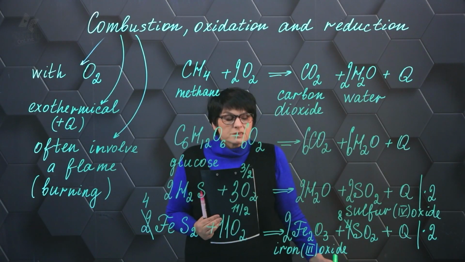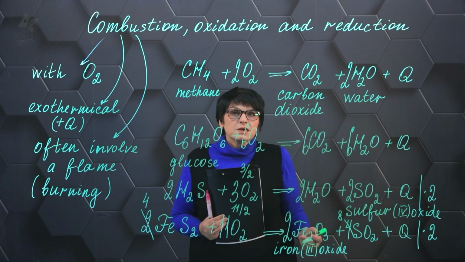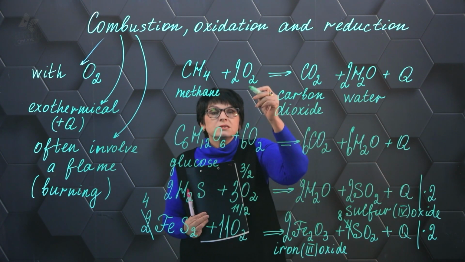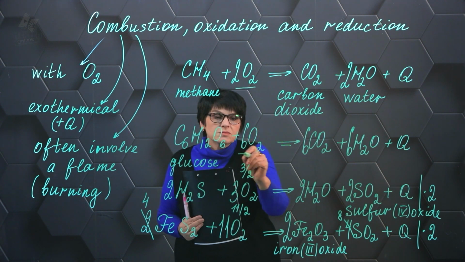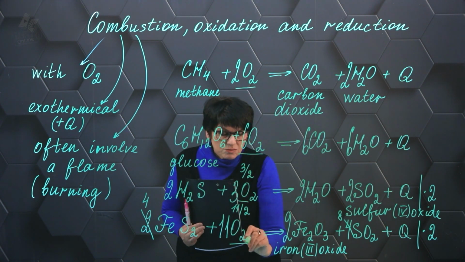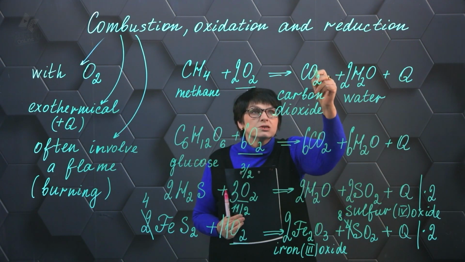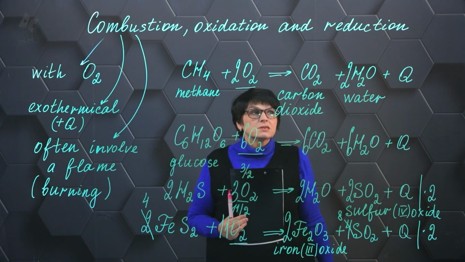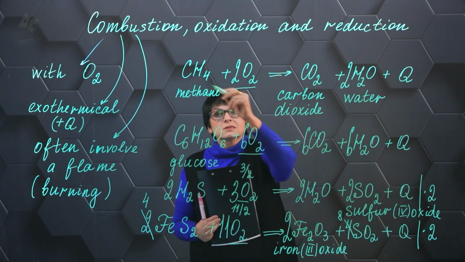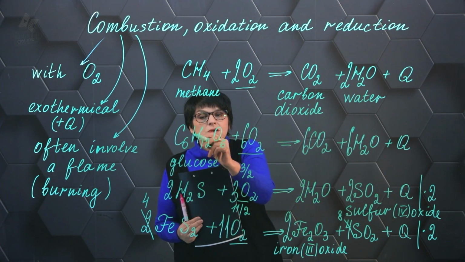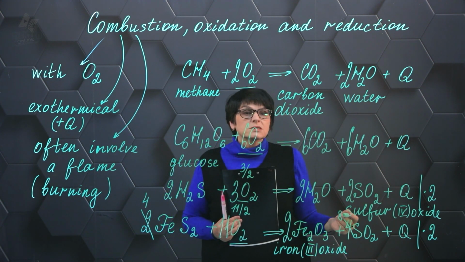As you can see, in a combustion reaction, once again we emphasize, we always involve oxygen. Pay attention, it is in all our examples. As a result of the reaction, oxides are always released. And if the compound consists of carbon, hydrogen, and for example oxygen or nitrogen, then at full combustion carbon dioxide and water will always be released.